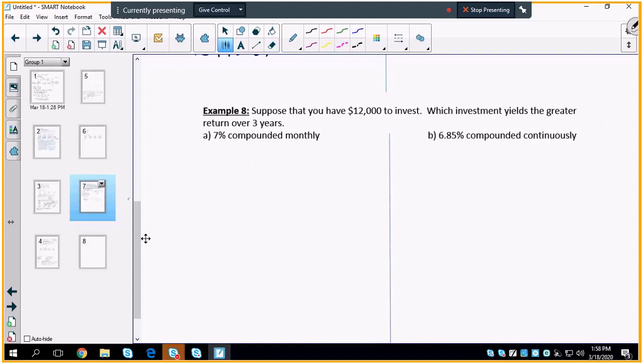For example, now I want to invest $12,000 for 3 years, with the only exception that now I want to have a 7% interest rate and the money is going to be compounded monthly. Monthly means it is compounded 12 times in a year. So our rate of interest in the first situation is 0.07 because it's 7%.